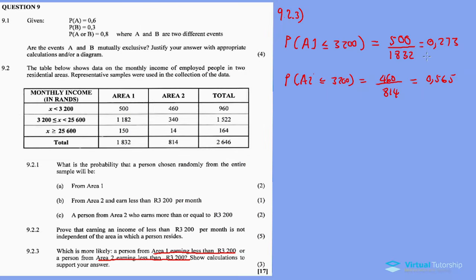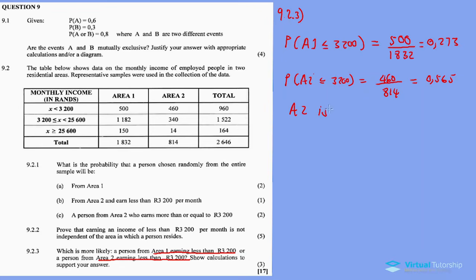So therefore, which one has the highest probability? The area with the highest probability has a higher chance of earning less than 3,200. So therefore area 2 is our answer, our conclusion.